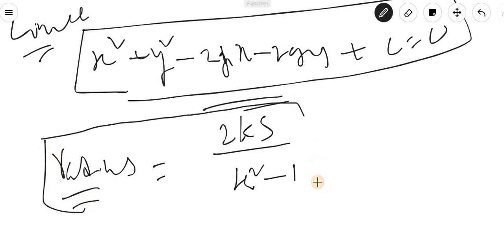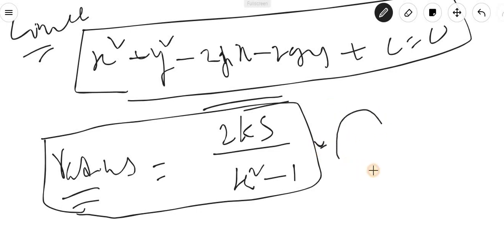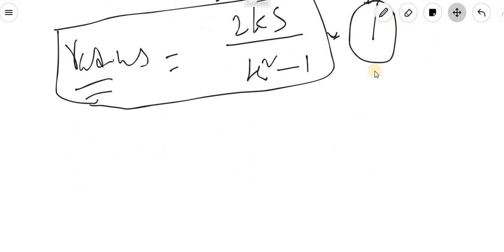This radius is nothing but the equipotential lines. So throughout this path the potential will be the same. Clear? And here, what will y be?